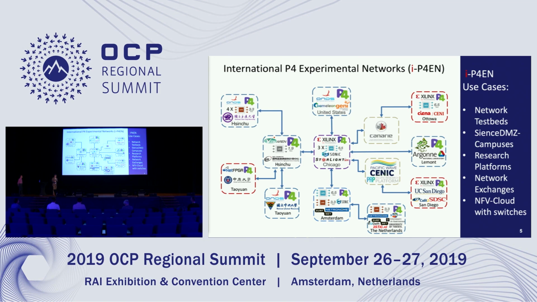And next, network exchange points such as StarLight in Chicago. And the other one, probably more familiar to this community, is NFV cloud, network function virtualization cloud, with the switches. So all these scenarios can be supported by Clonezilla for ONIE. Now, Stephen.